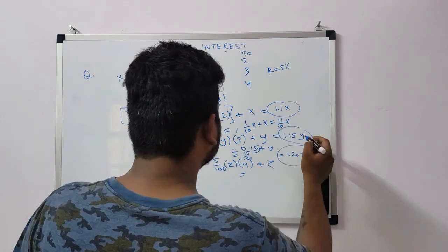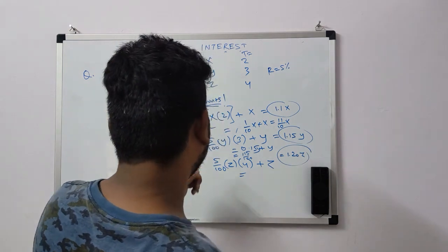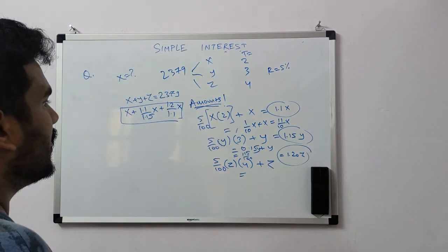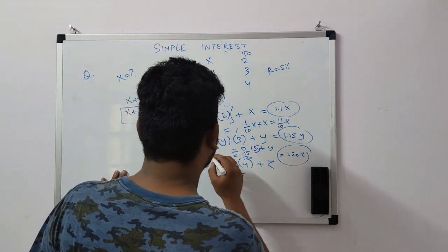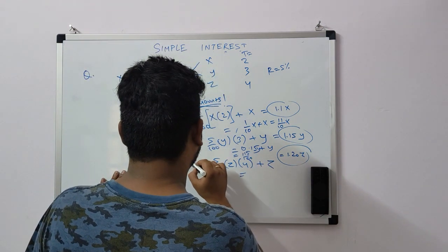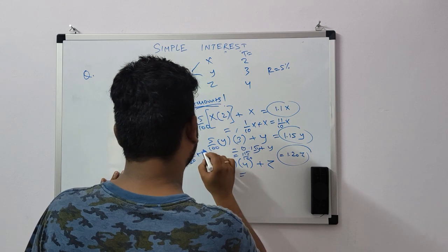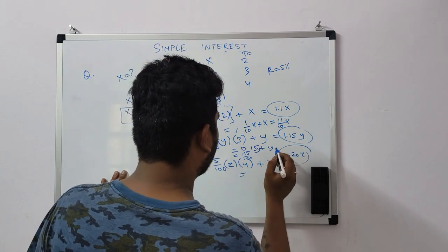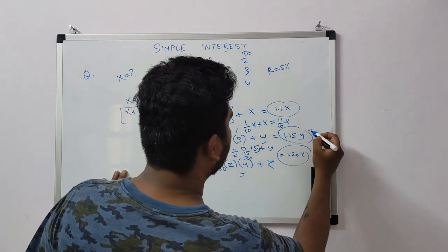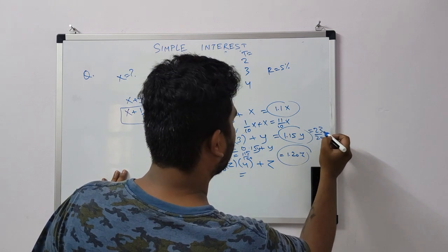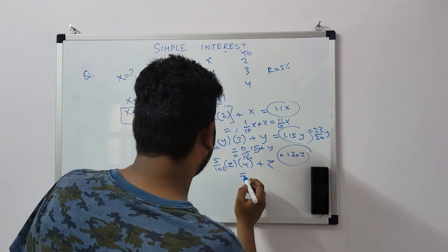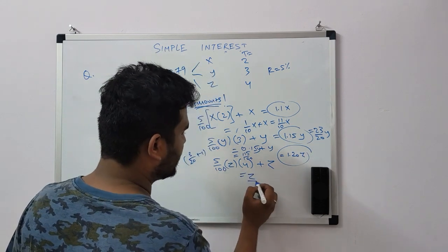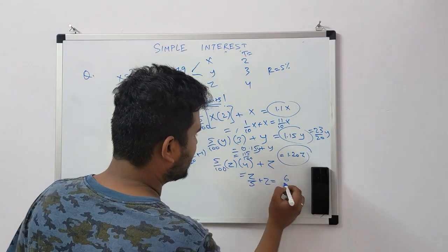This is 15 upon 100, or I can say 3 upon 20 plus 1. So 23 upon 20 y, I can write 23 upon 20 into y. And if you look at z, this is 5 for the 20, so 25 z by 5 plus z, 6 by 5 z.